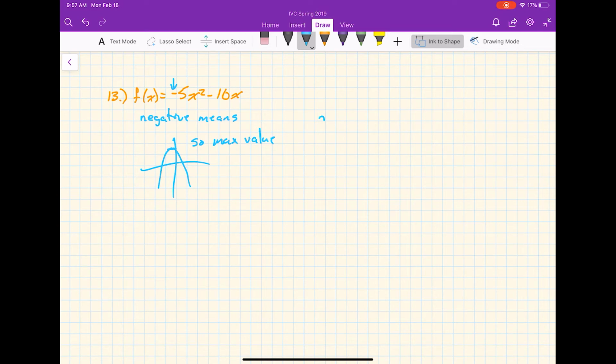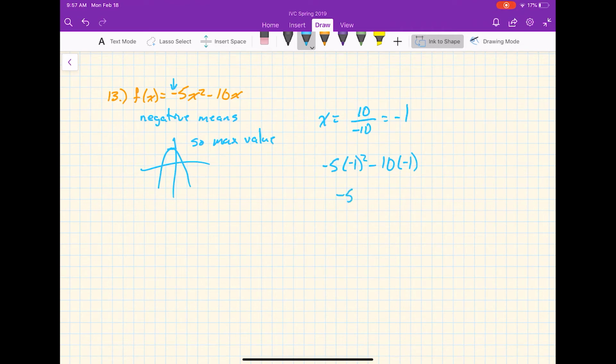Same process as all before. X equals negative b over 2a, so x is equal to 10 in this case because it's negative 10, negative, negative, it's positive. And we have negative 5 times 2, which is negative 10, so it's going to be negative 1. Plug that into our original equation. We have negative 5 times negative 1 squared minus 10 times negative 1.